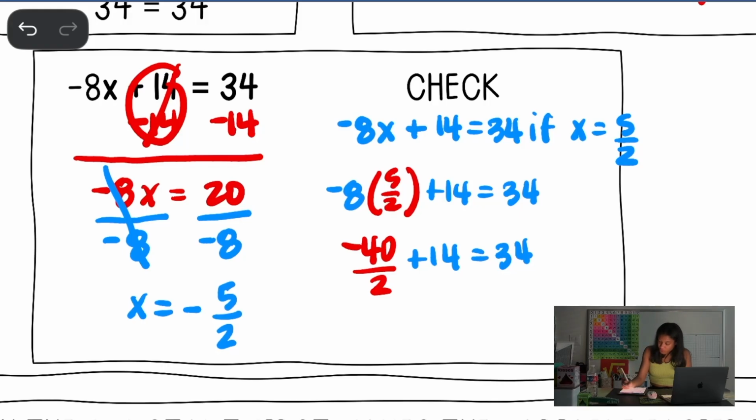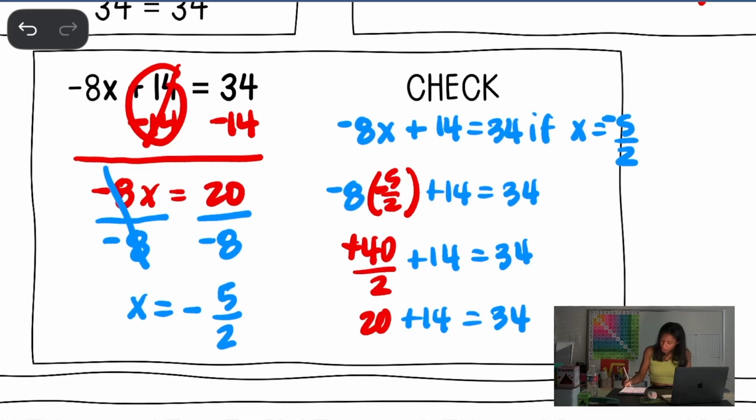This should be -5 over 2. And this is why we check our work. Remember, our answer was negative, so I should get a positive number here. Positive 40 over 2 is going to be 20. There we go. Plus 14 equals 34. And we do get 34 equals 34.